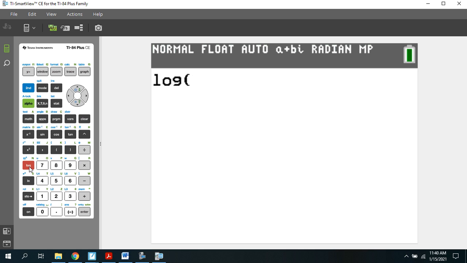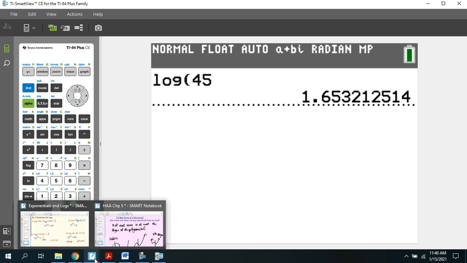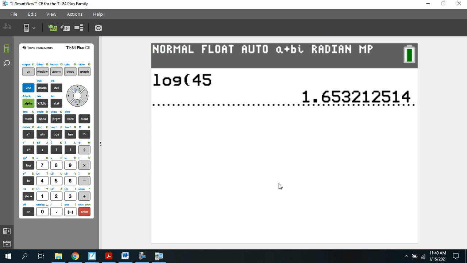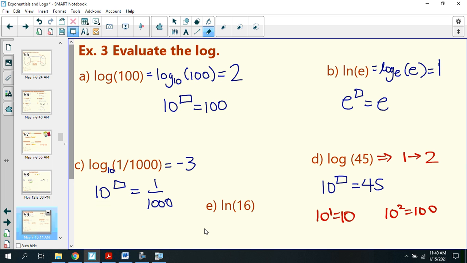Log is to the left of the 7. And then I get 1.65. You could round to the nearest hundredth or thousandth. But the only way to do that exactly without something really arcane called a log table is to use your calculator. So that's where it comes in real handy. So it's going to be 1.65 for that one.